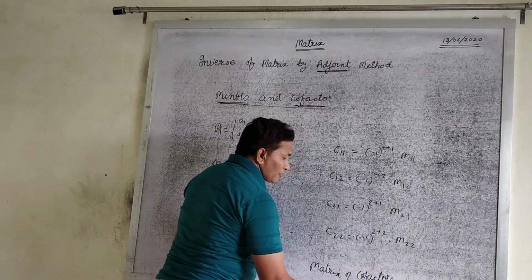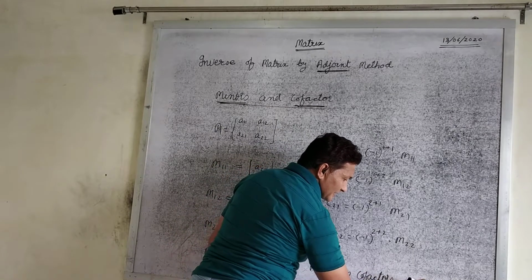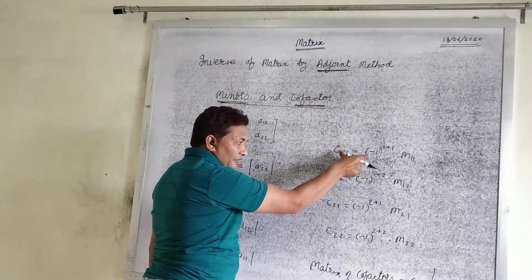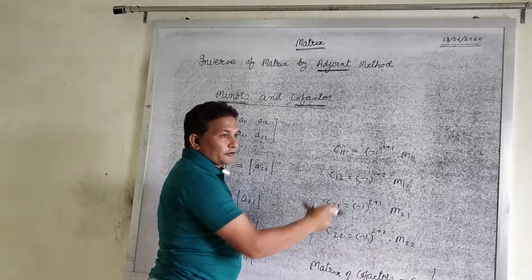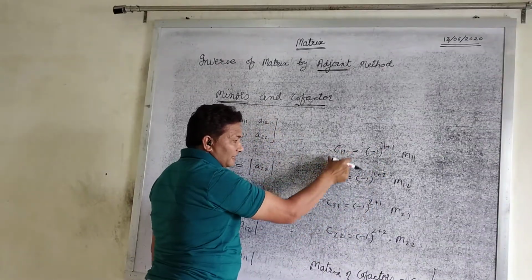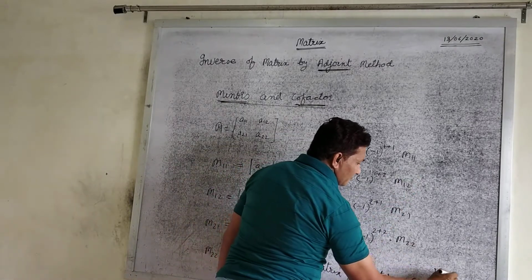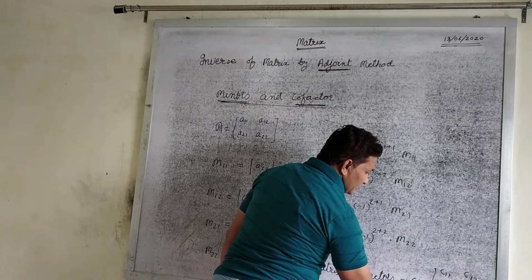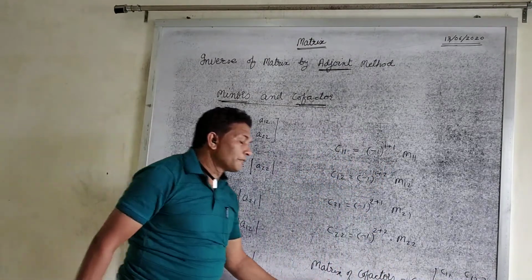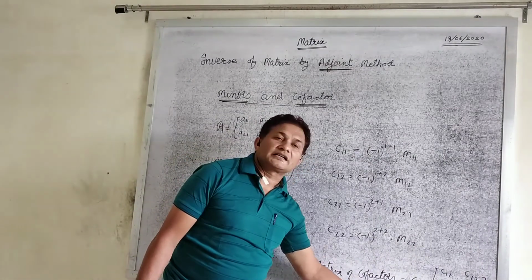The matrix of cofactors is denoted by C. Now we have to convert these cofactors into a matrix in the same manner. C11, C12, C21 and C22. So in this way we get the matrix of cofactors, which we denote by C.